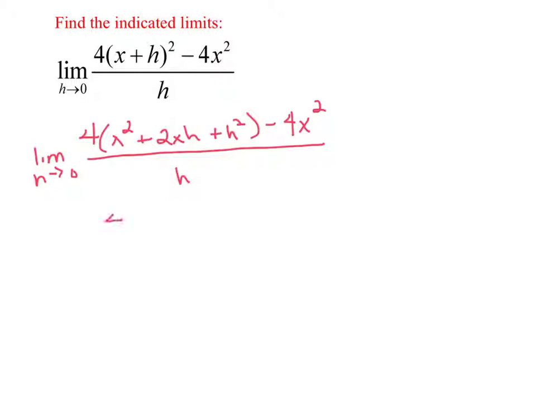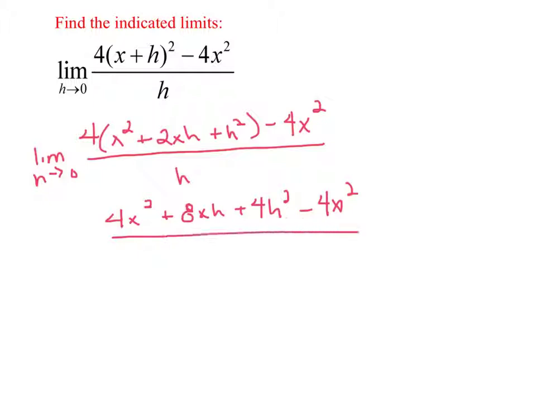Multiplying into those parentheses, we get 4x squared plus 8xh plus 4h squared. The four x squareds cancel out. I can now factor an h out.